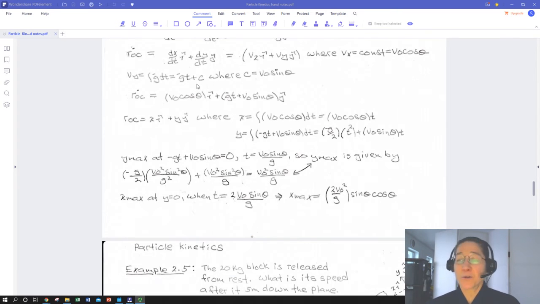Okay, so if we want position at any time, we just integrate again with respect to time. And so we end up with our x position at any time as v sub 0 cosine theta t in the i hat direction, and then our position at any time in the j hat direction, y, is going to be our y velocity expression here, integrated with respect to time.